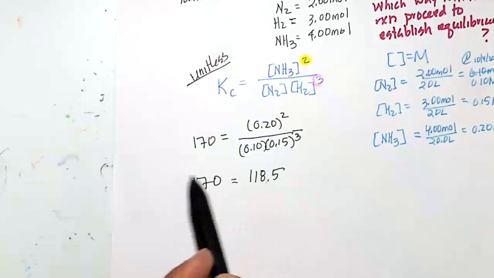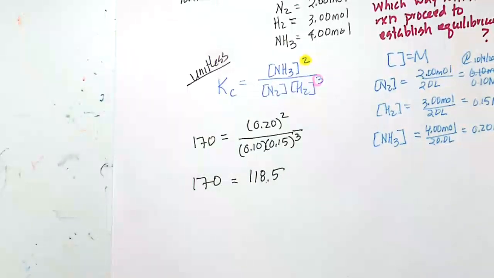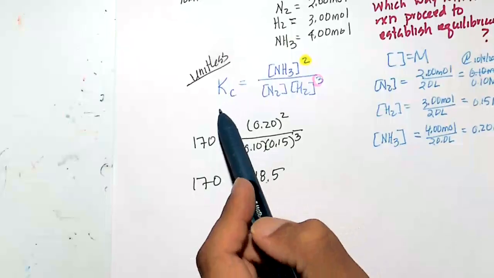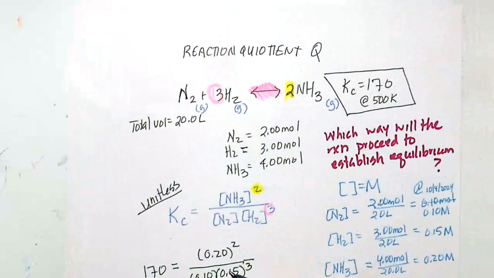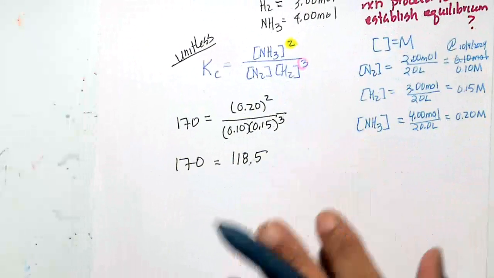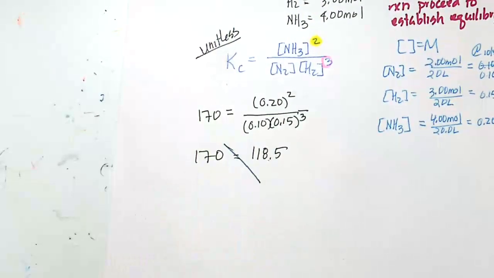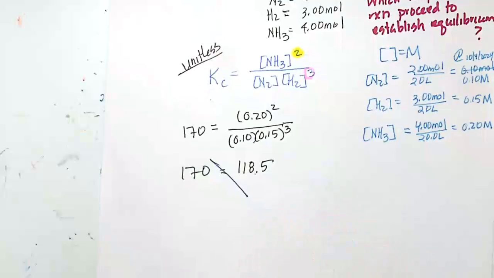And are we at equilibrium? No, because if we were at equilibrium, the concentrations in this expression would equal the equilibrium constant, which is 170. So we are not at equilibrium. That's the first part of this answer.